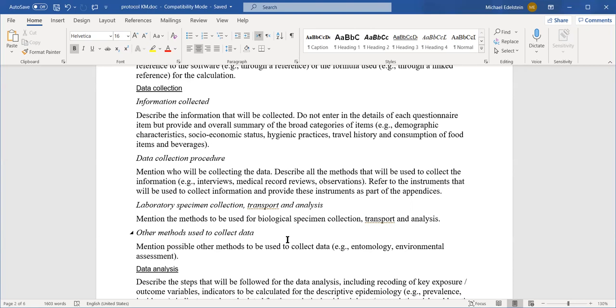Here you just give a general description. You say, we will collect information about sociodemographic characteristics, about exposure, age, etc. You don't need to list every single field if you attach your questionnaire or your data collection tool. But it needs to be clear that you're collecting information that is going to be relevant.